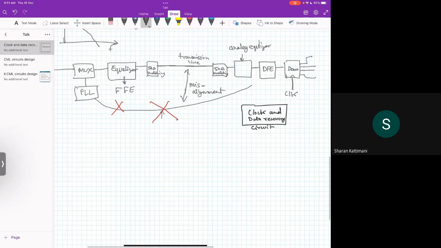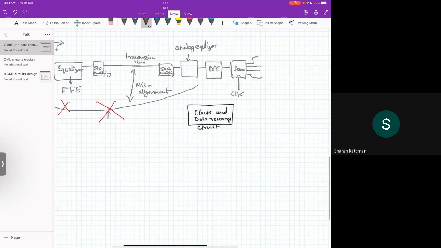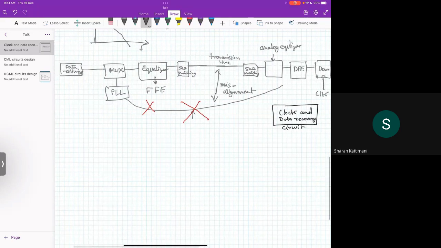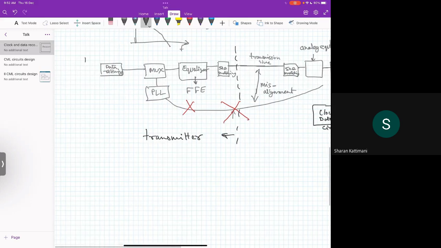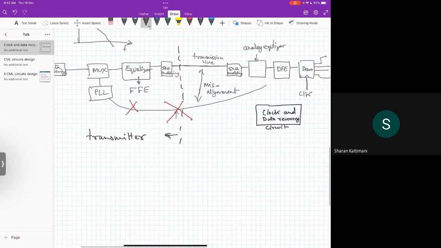So now you can see the challenges. This particular part is the transmitter. In the transmitter we need to design the equalizer, the 50 ohm circuit plus buffer, a high speed mux, and we need to do data retiming also.